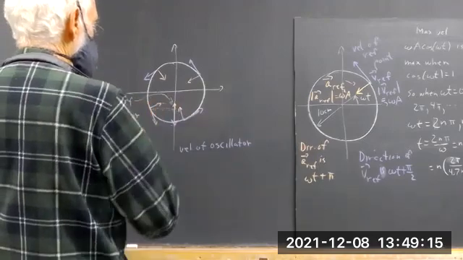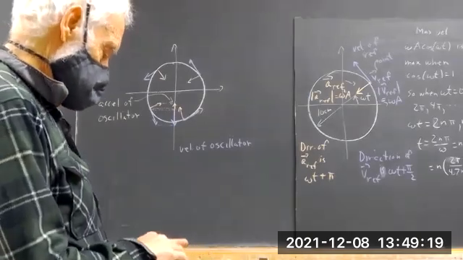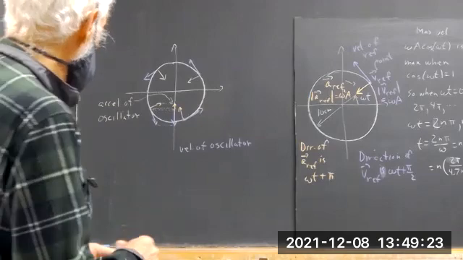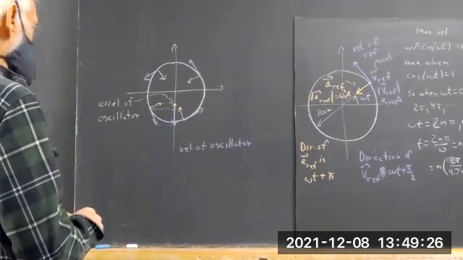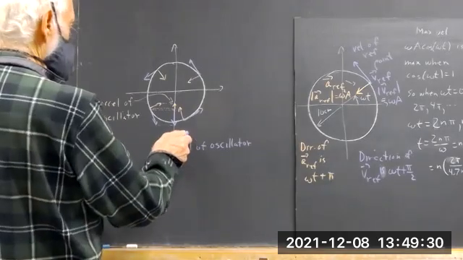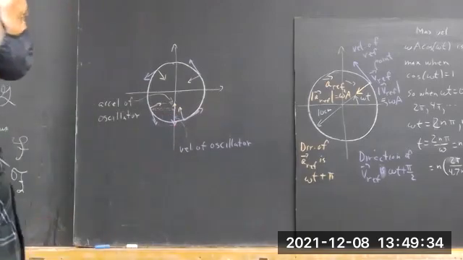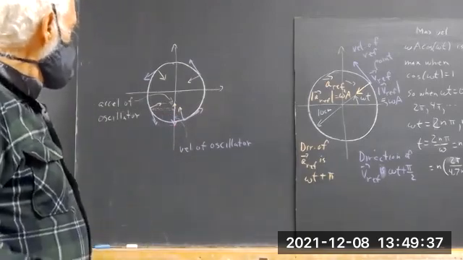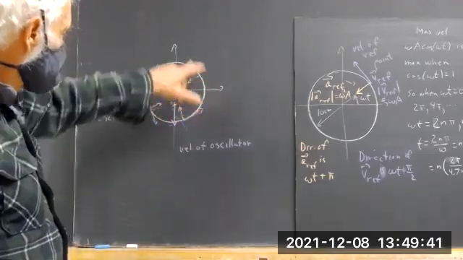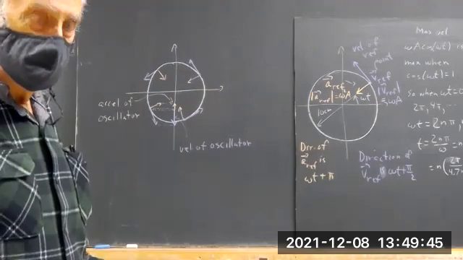Here's the actual acceleration of the oscillator. Now, where on the circle will we be if the acceleration of the oscillator is as big as it could be?